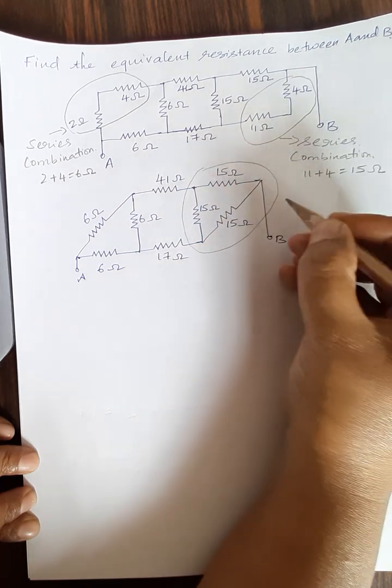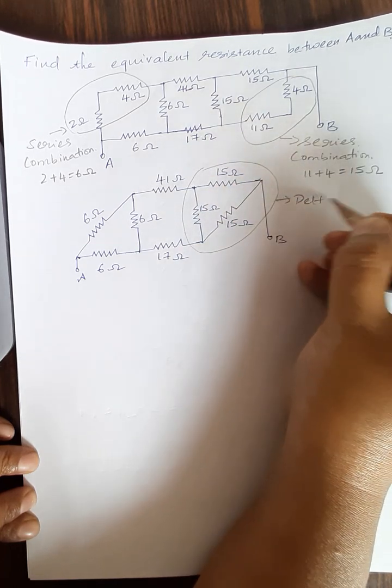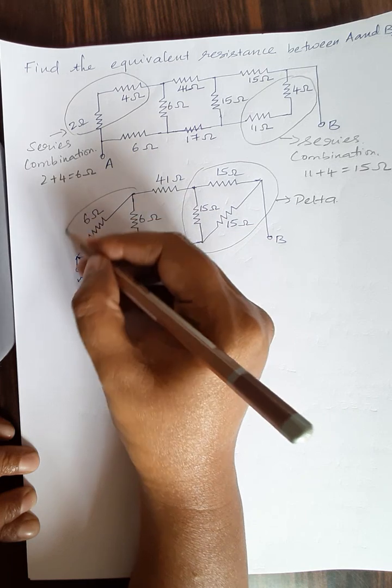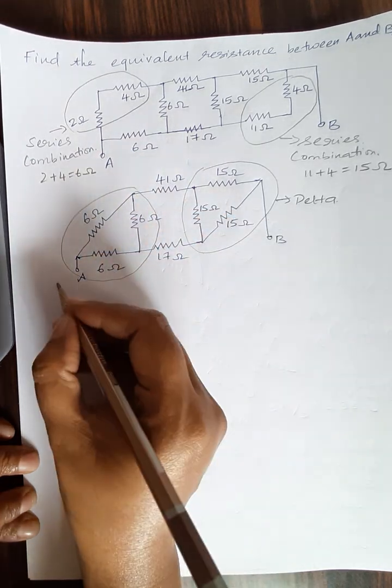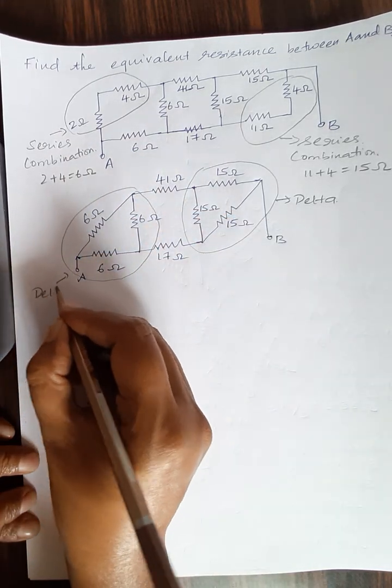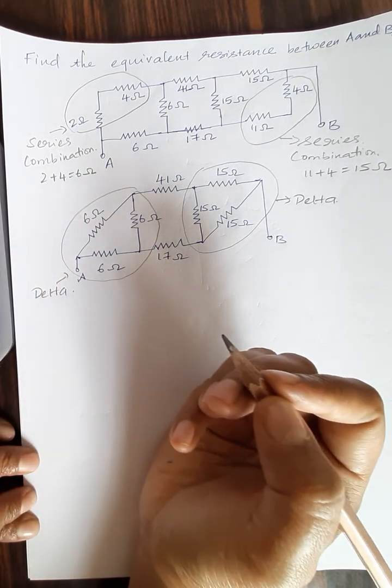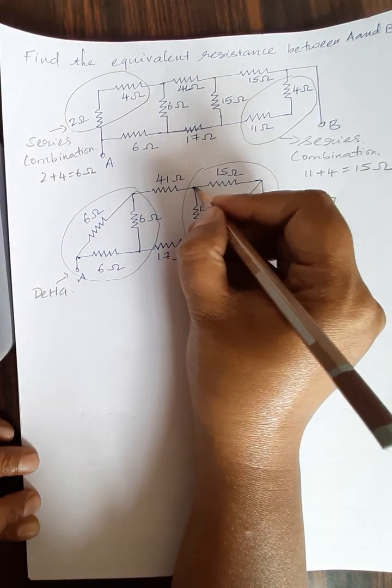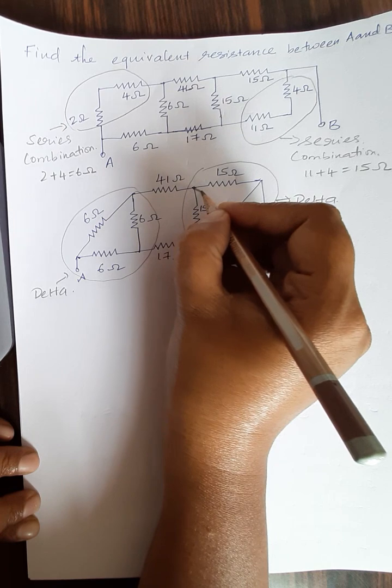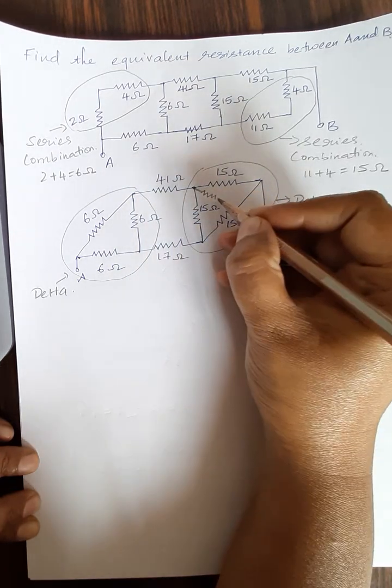This is one delta network. And again this is one delta network. Now you redraw the star network within this delta network.